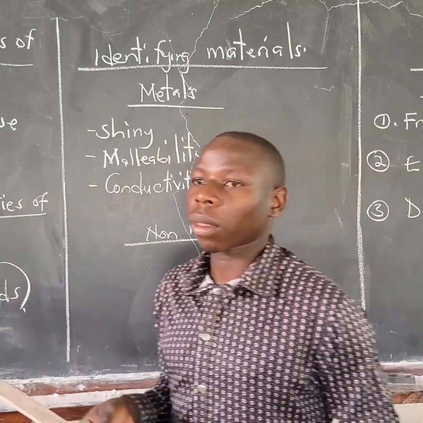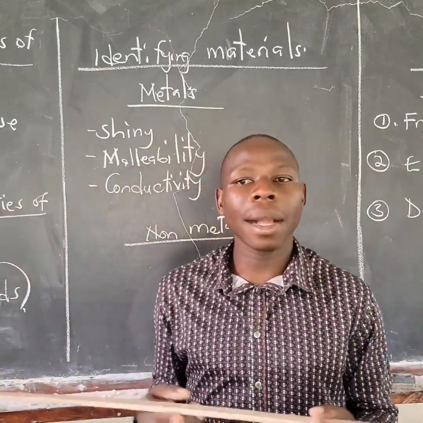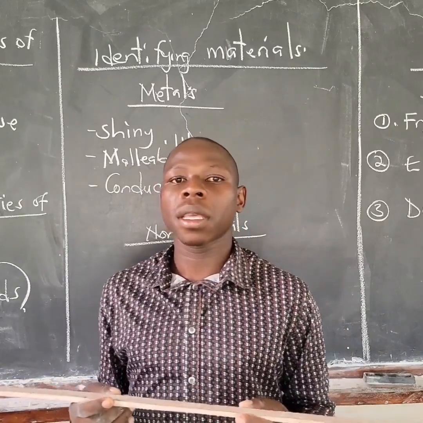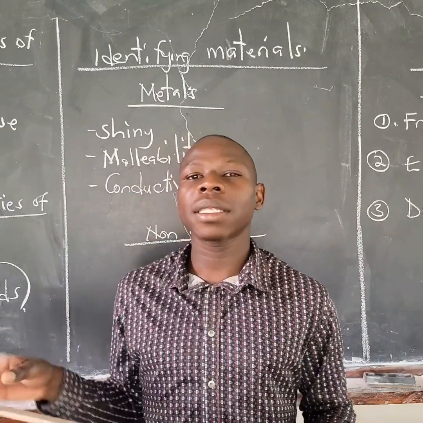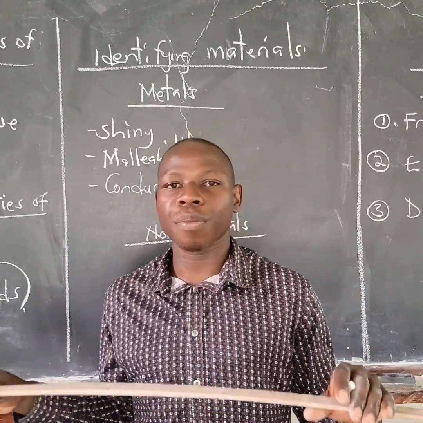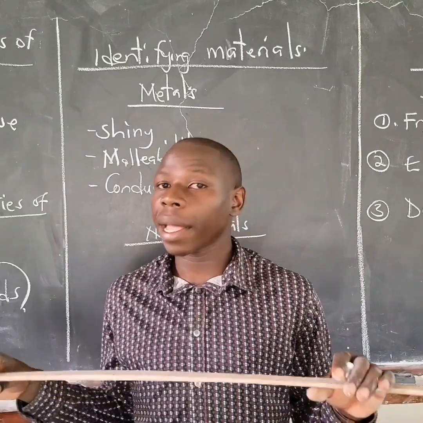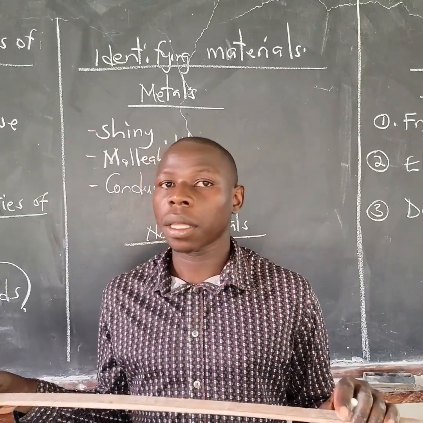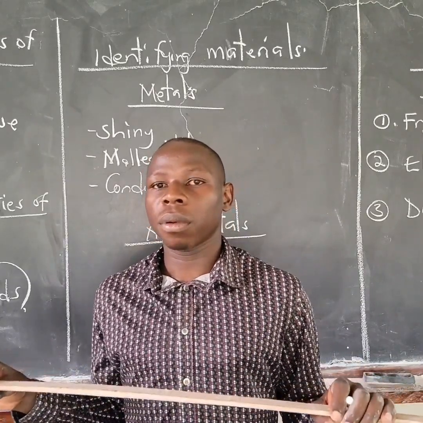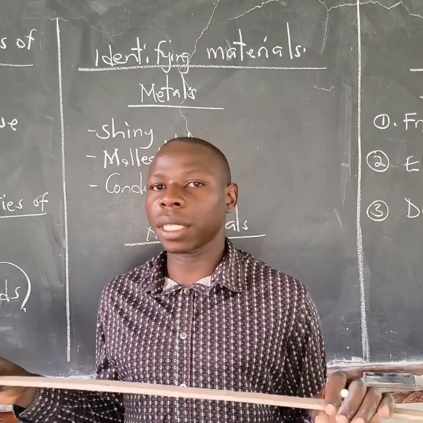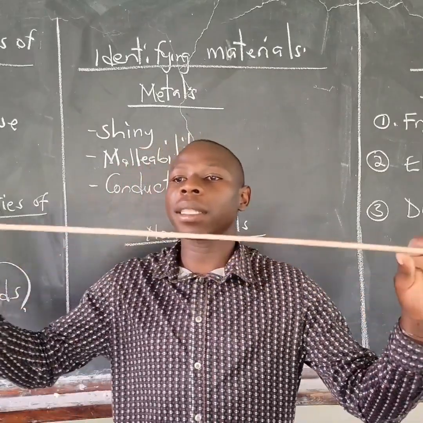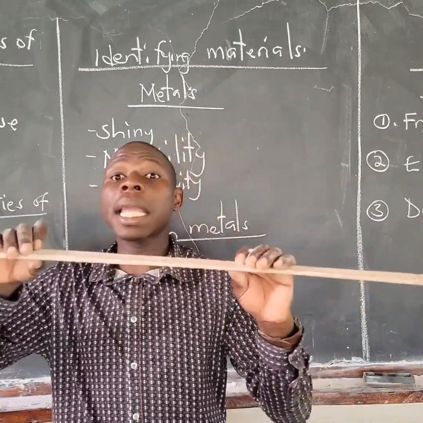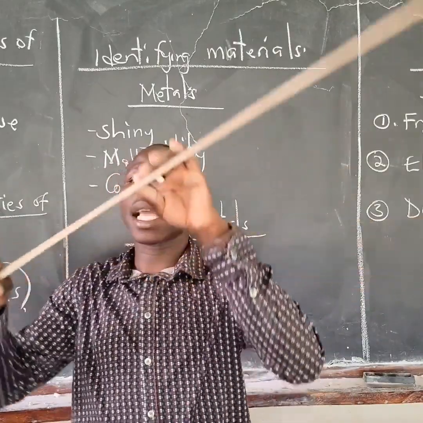Malleability. When we say malleability, we mean, can we bend it? Can we turn it into another shape without breaking? For example, we have the same materials. If I say this is now straight, can I make something which is L-shaped?